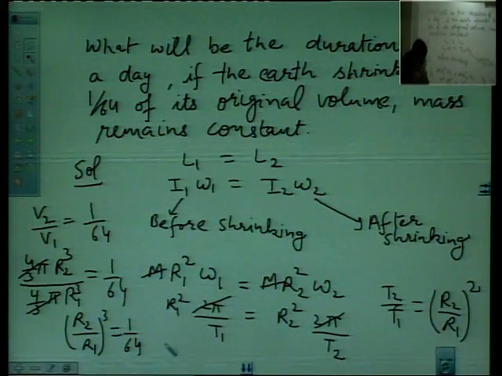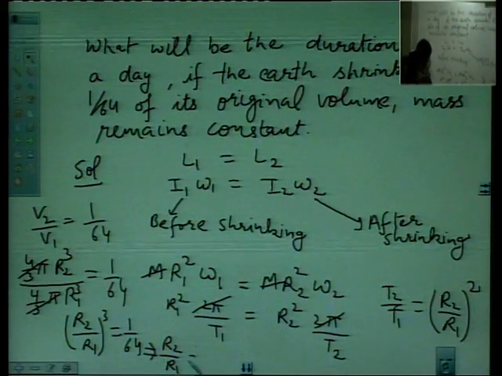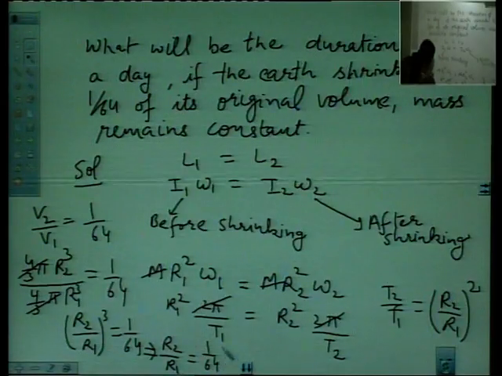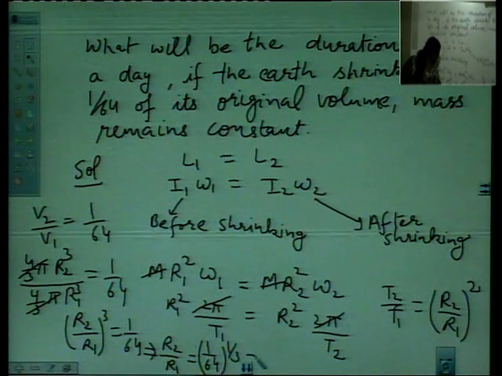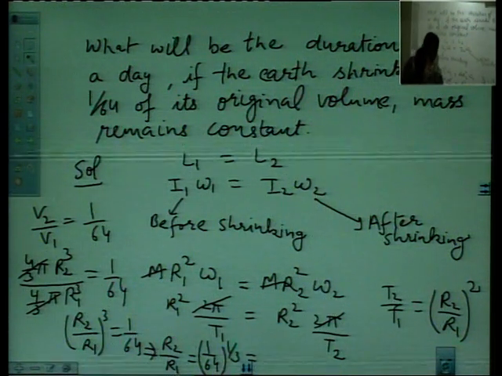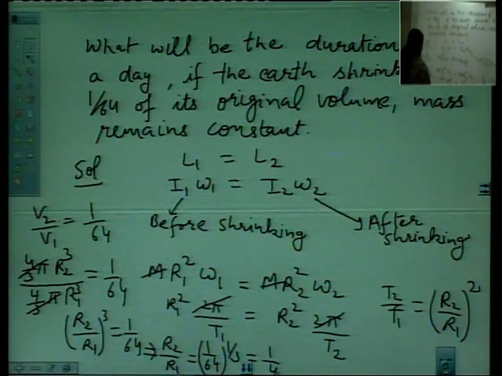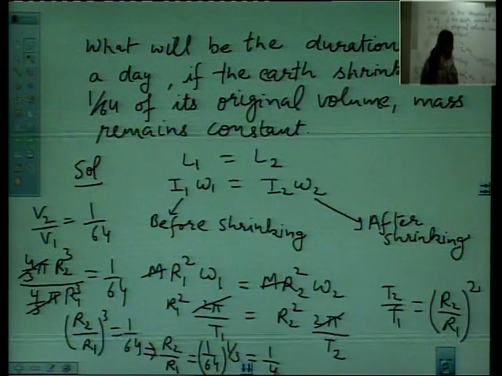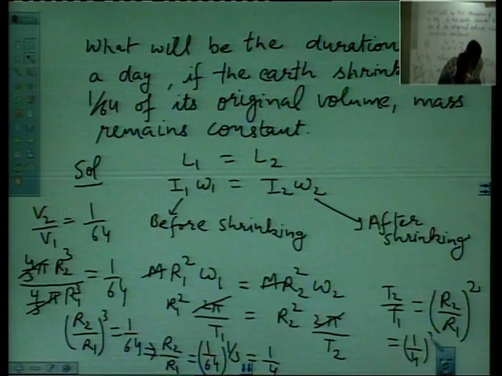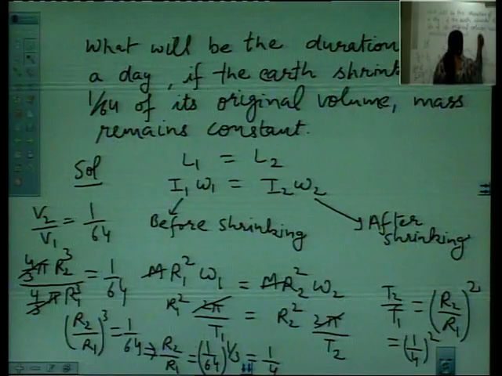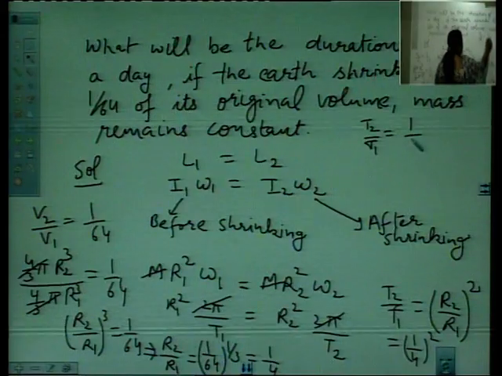So from this we have R2 upon R1 is equal to 1 upon 64 raised to power 1 by 3, which is equal to 1 upon 4. So the ratio of R2 upon R1 is equal to 1 by 4. If we put its value, 1 by 4 square, then we have T2 upon T1 is equal to 1 upon 16.